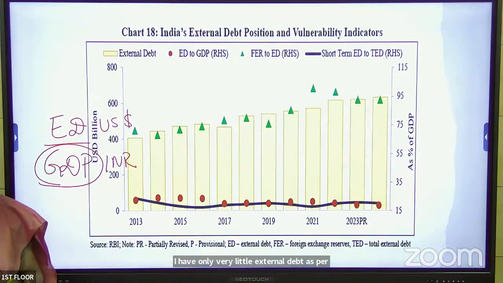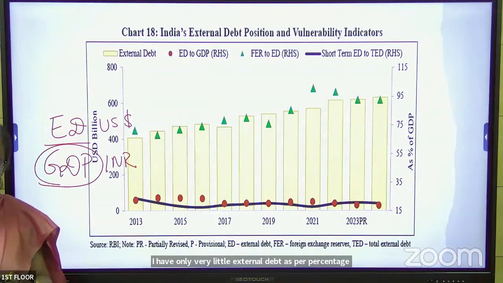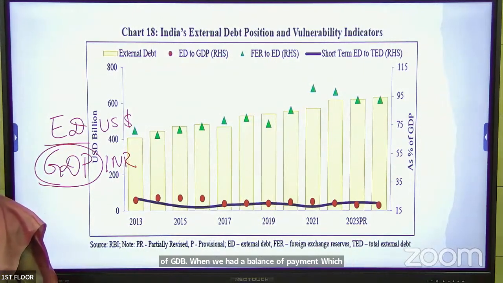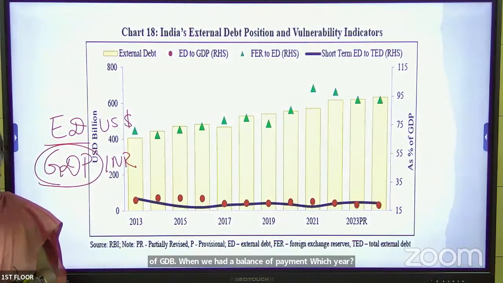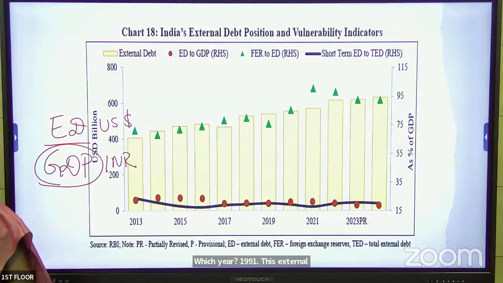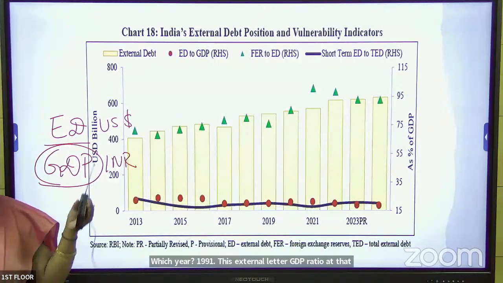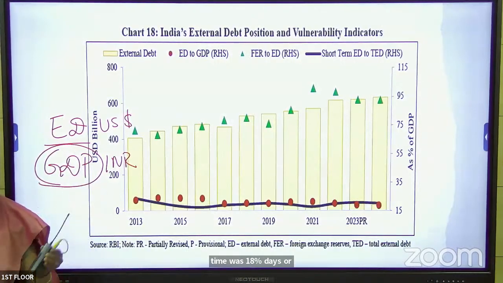When did we have a balance of payment crisis? Which year? 1991. The external debt to GDP ratio at that time was only 18% or 21%. You heard the word only.